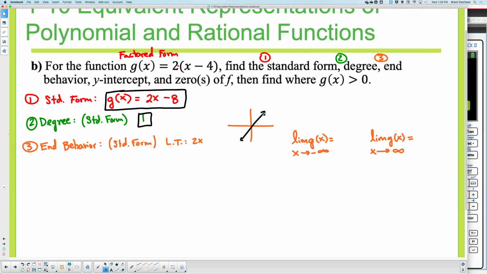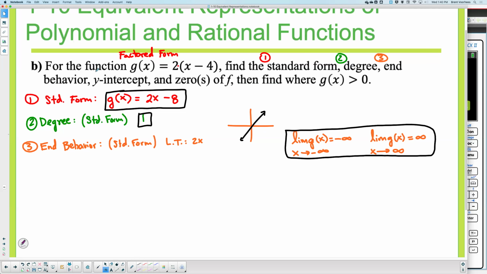What happens as we move left, as we go to negative infinity? It decreases, it falls. So remember the options are it either rises, falls, gets flat, or comes to a point. This graph, as we go left, it falls. What's the symbol for falling? Negative infinity. And what happens as we go to the right? It rises. All right, there's those two answers. There's our end behavior.